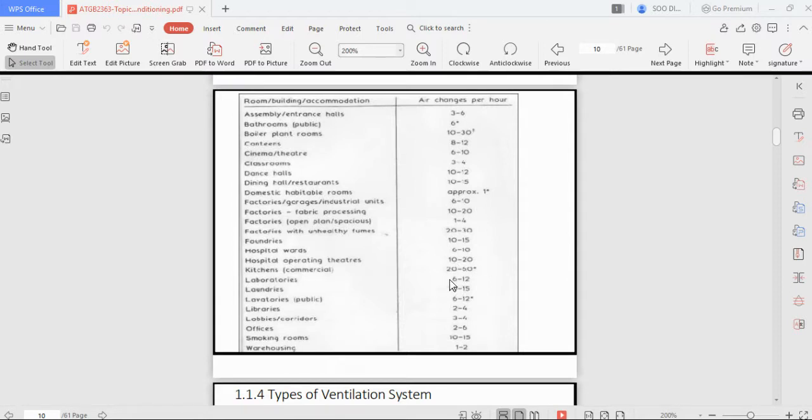With this, you will be able to determine how big a window you need to put in that particular room or building. Each of them has different requirements, so you have to refer back to the UBBL to determine how big the window needs to be. Are you able to achieve that sort of ventilation with natural wind? If you cannot, then you will need to install a mechanical ventilation system in the building.